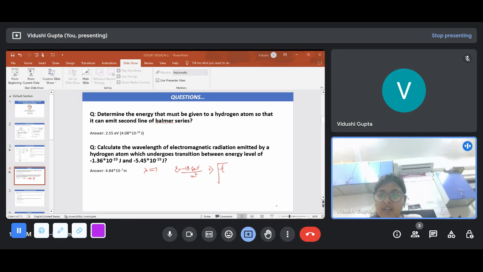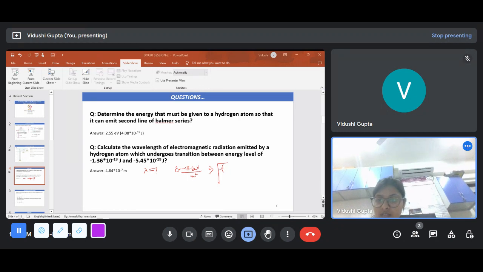So after solving, the wavelength value will turn out to be 4.84 into 10 raised to power minus 7 meter.